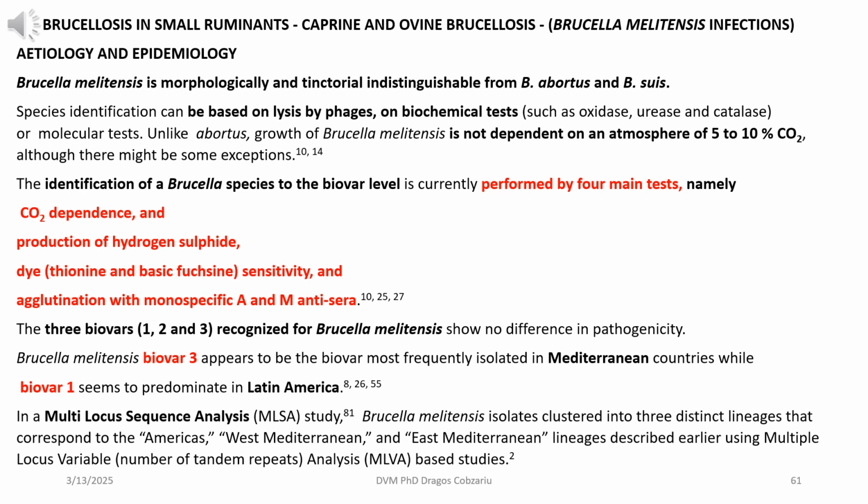Brucella melitensis biovar 3 appears to be the biovar most frequently isolated in Mediterranean countries, while biovar 1 seems to predominate in Latin America. In a multi-locus sequence analysis, MLSA, study, Brucella melitensis isolates clustered into three distinct lineages that correspond to the Americas, West Mediterranean, and East Mediterranean lineages described earlier using multiple locus variable number of tandem repeats analysis, MLVA, based studies.